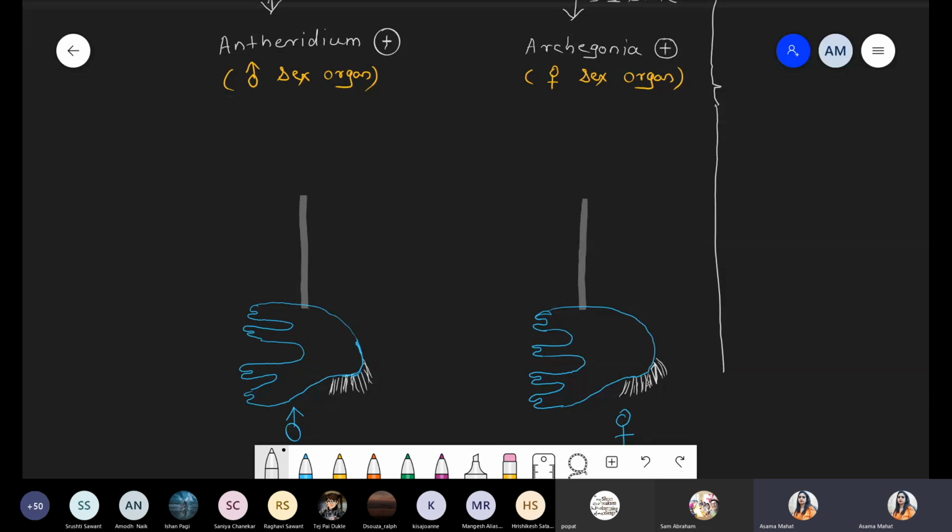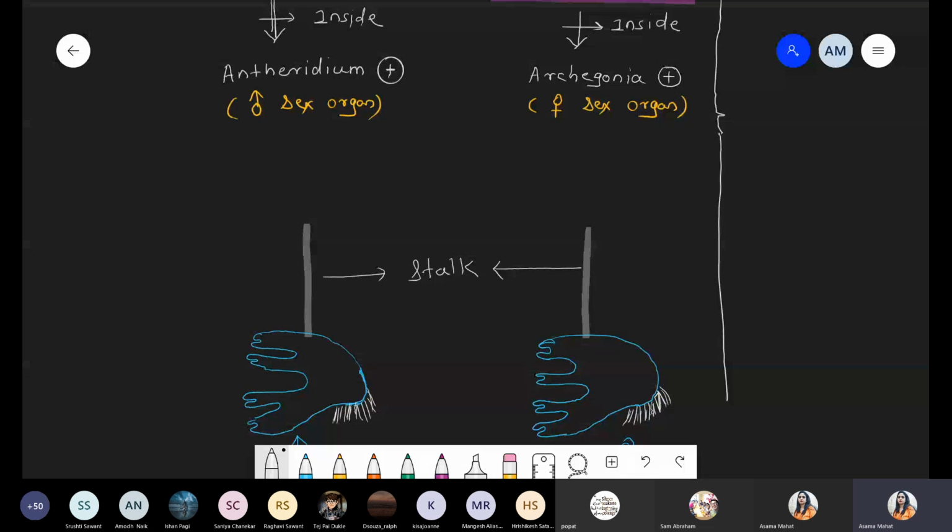Both of these have a common name, that is stalk-like structure, which is present in all. These are the stalk-like structure. Now we are talking about the uppermost structure.